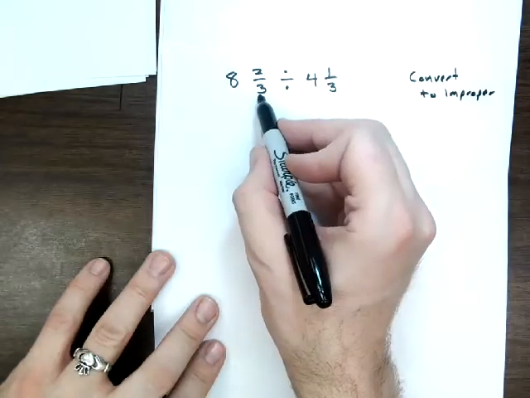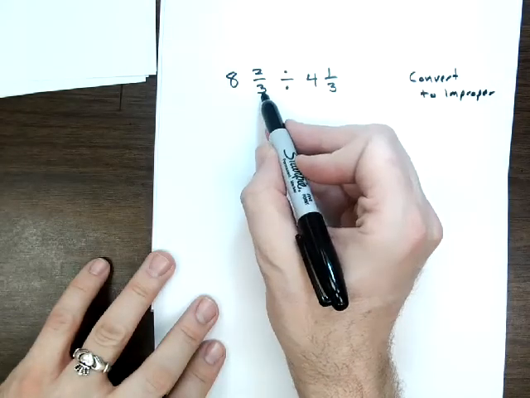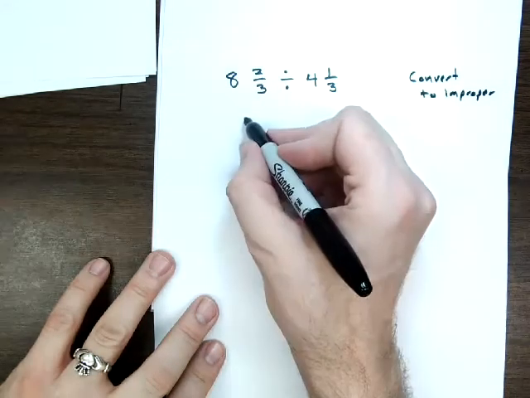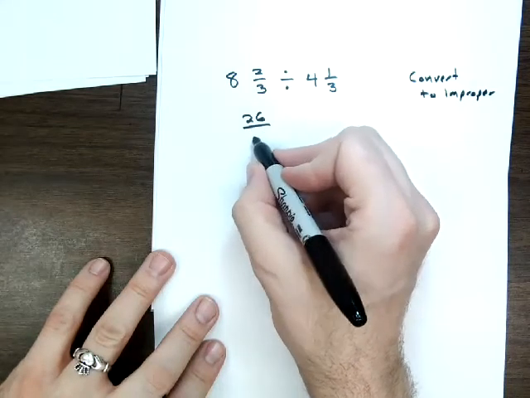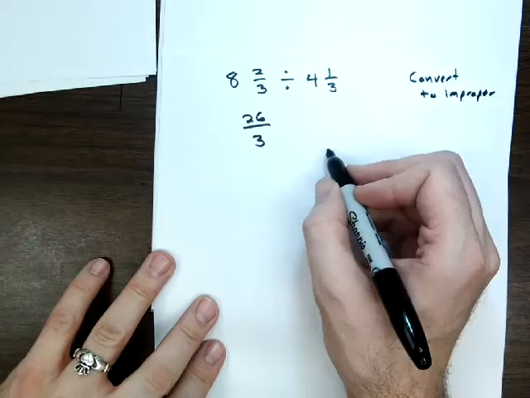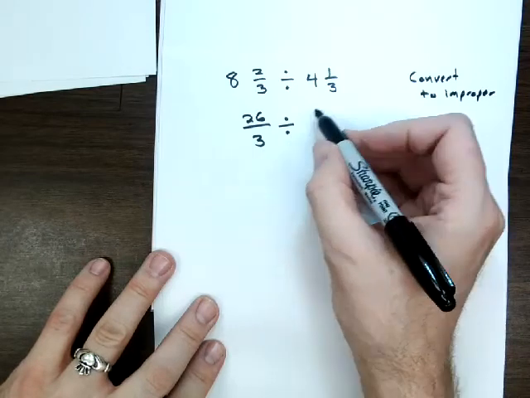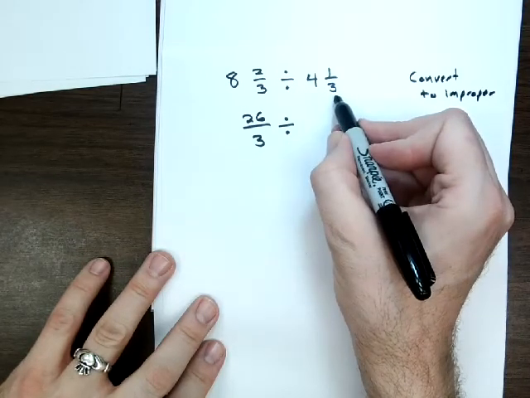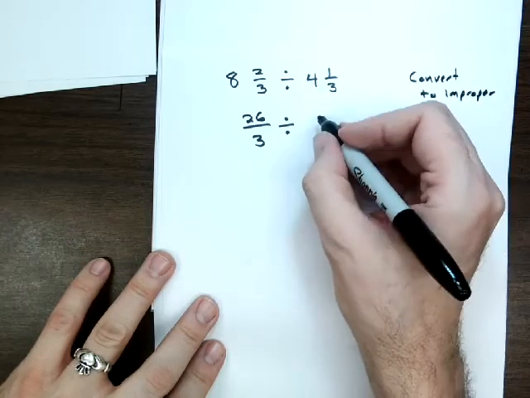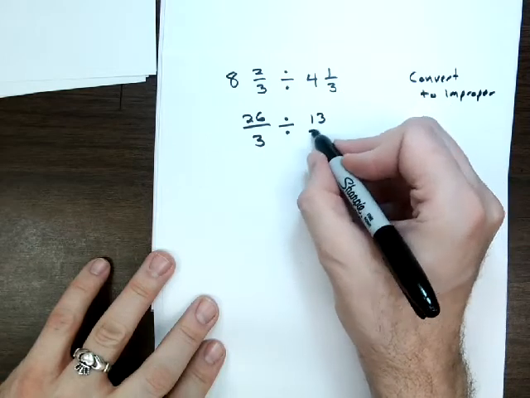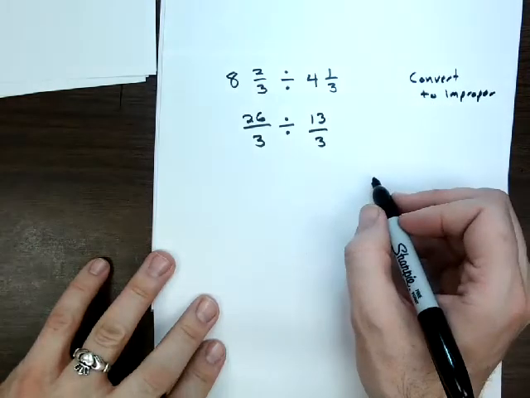So I've got 8 times 3 is 24. 24 plus 2 is going to be 26/3. 4 times 3 is 12. Plus 1 is going to be 13/3.